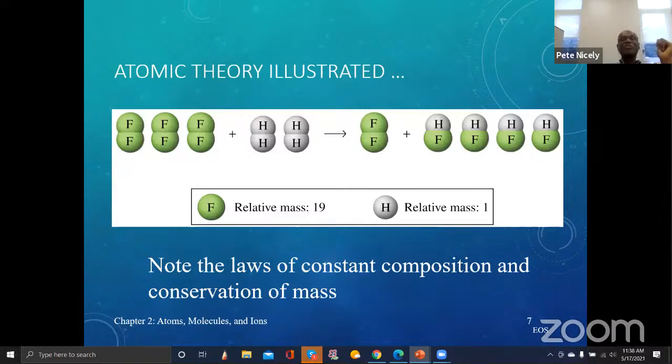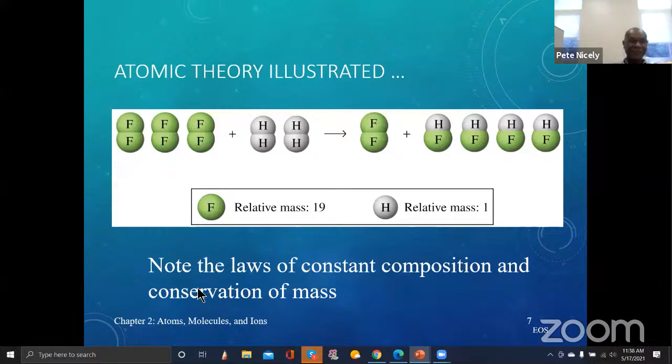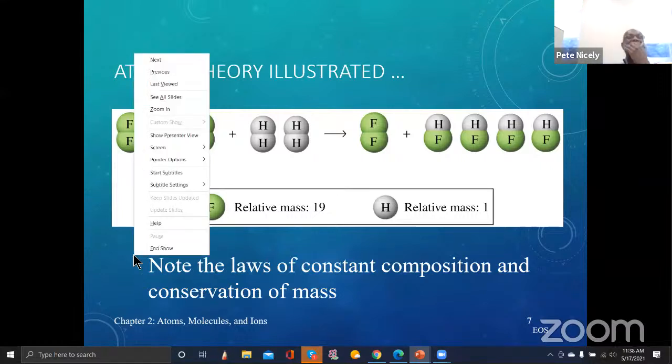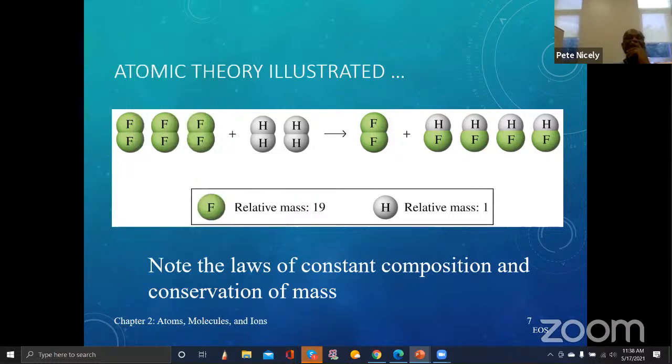Okay, so just to illustrate this theory, let's look at the reaction between hydrogen and fluorine to form hydrogen fluoride. Again, I'm going to try to do some writing here.